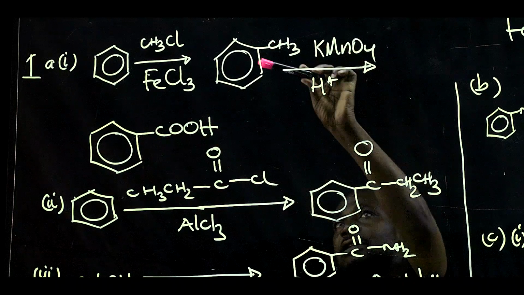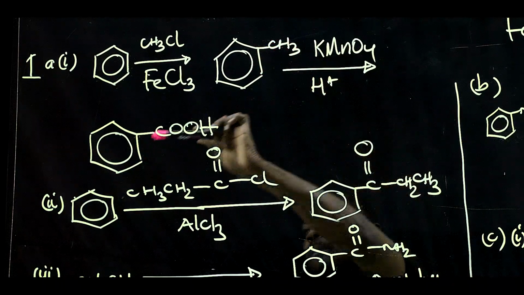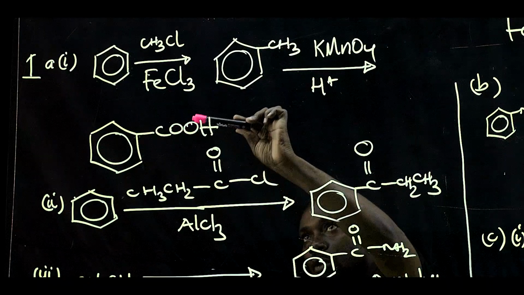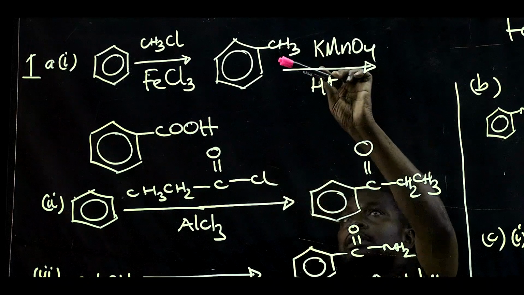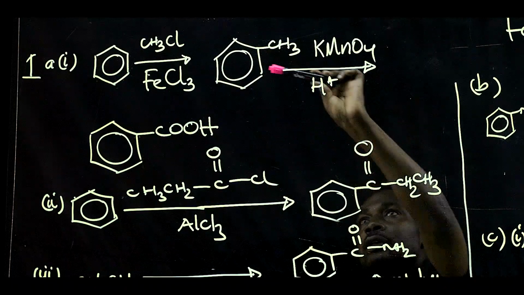So to convert benzene having a methyl group to benzene having a carboxyl group, use the chemical property of benzene known as oxidation.